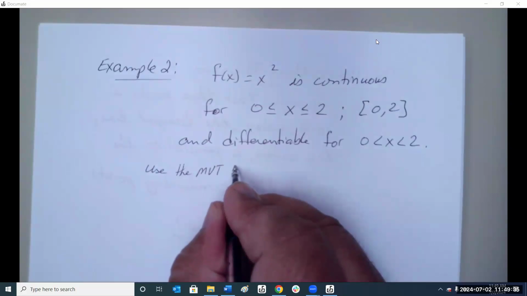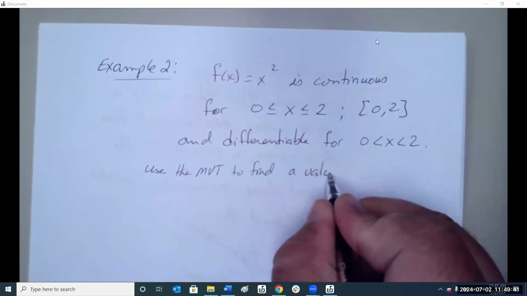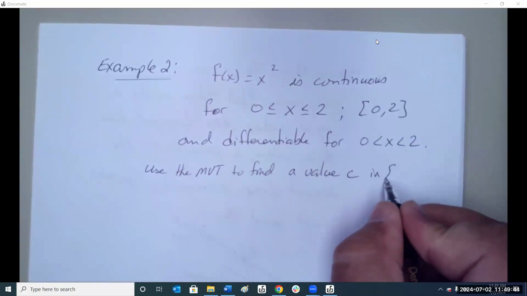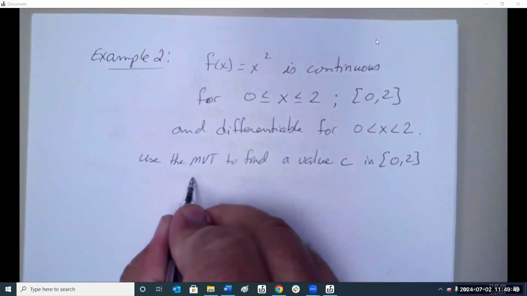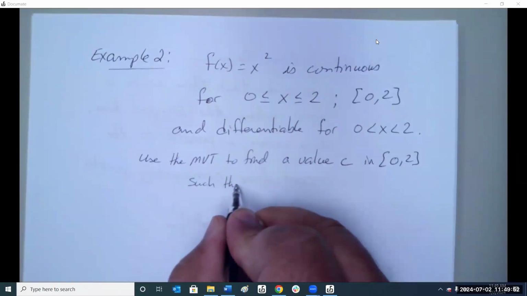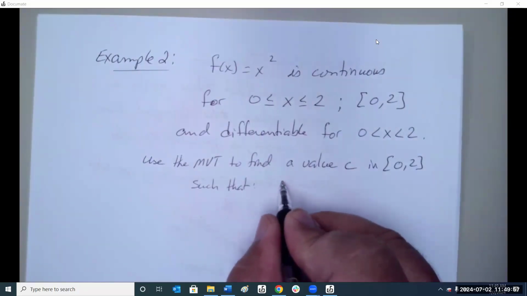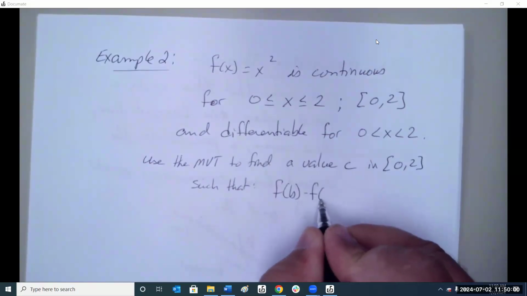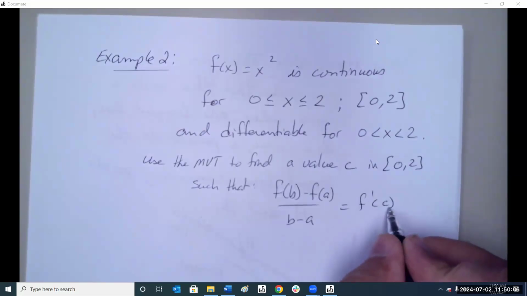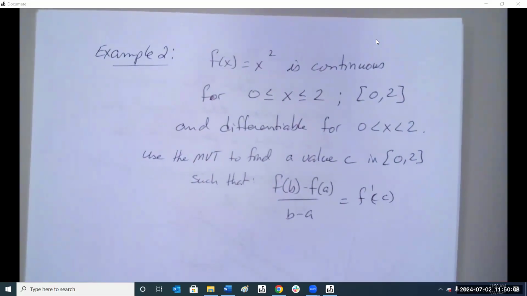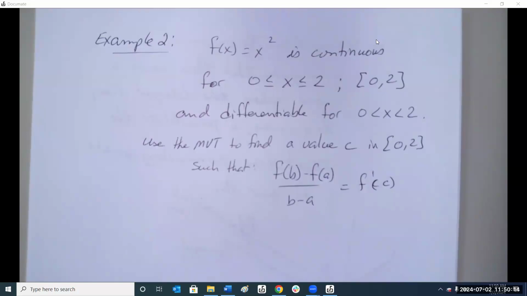We use the mean value theorem to find a value C in 0, 2 such that f of B minus f of A over B minus A equals f prime at C. So how do we do this?